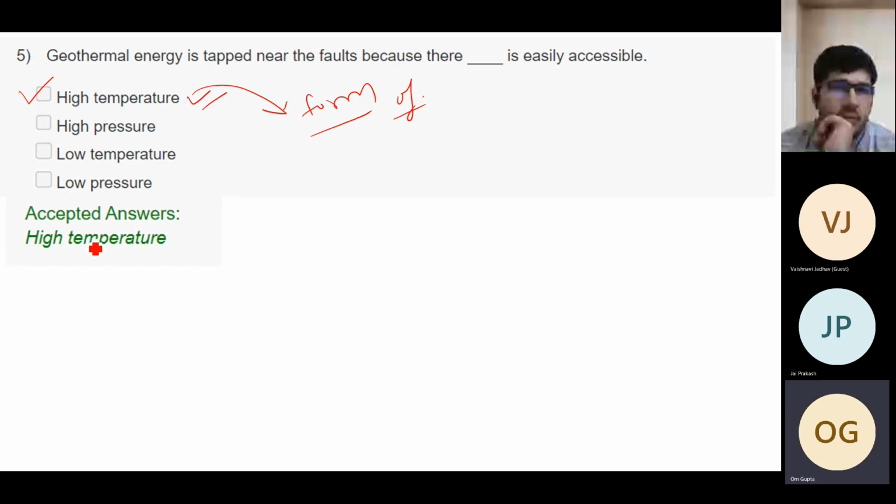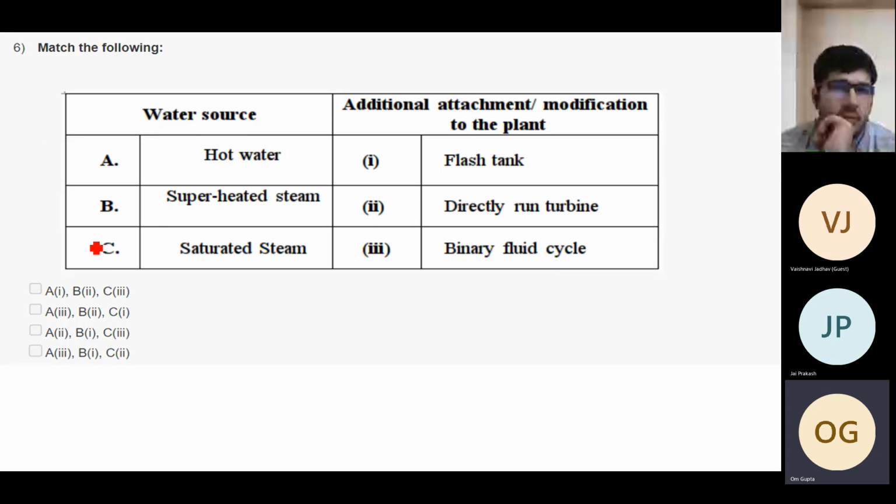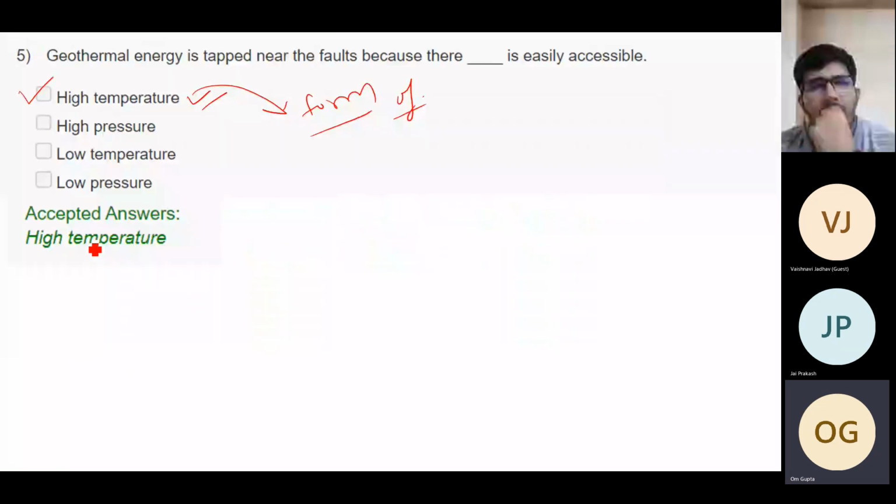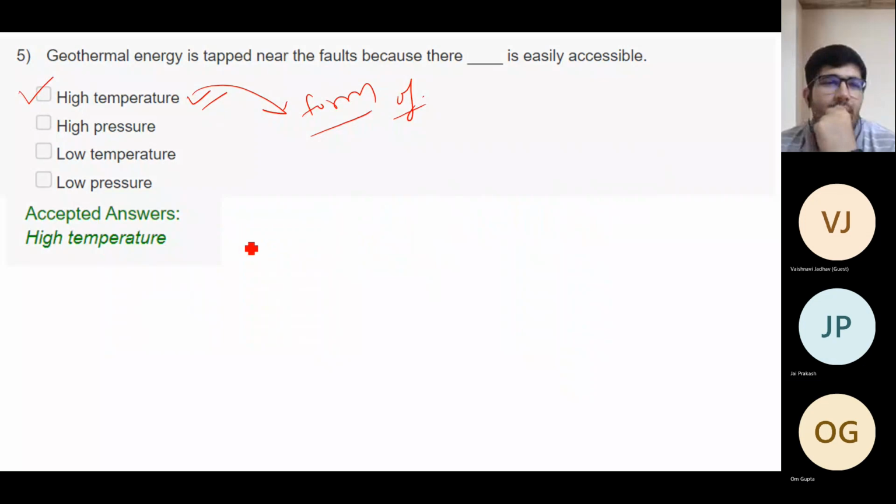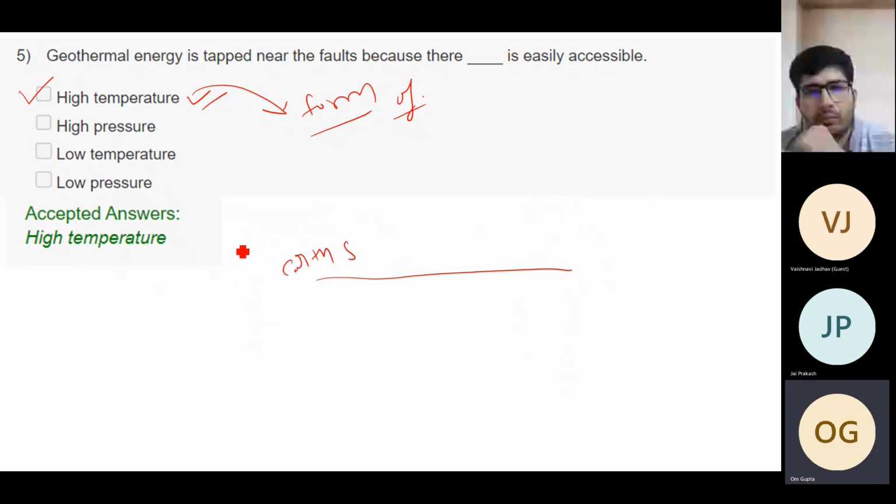So high pressure is also there, as we saw in the last question, question number 4. Yeah, high pressure is there when you are at that location. Try to see it in that way: this is the Earth surface. So we are getting this steam at the surface only.